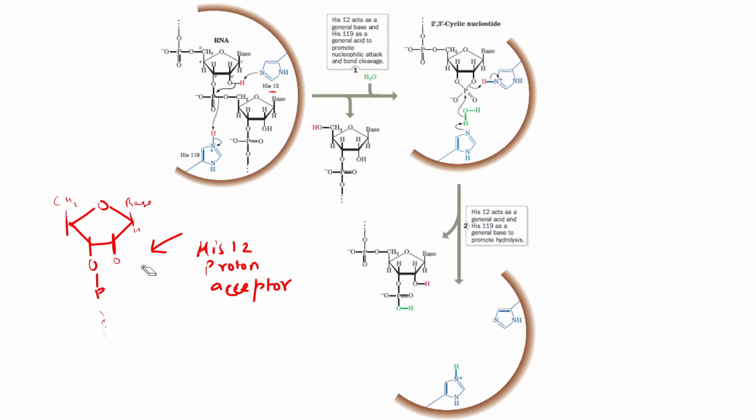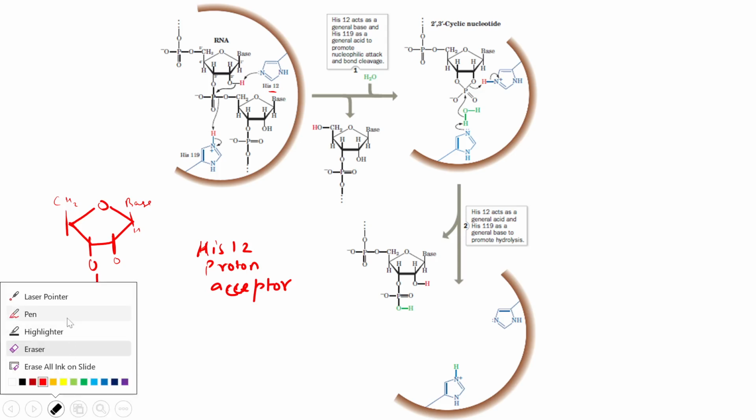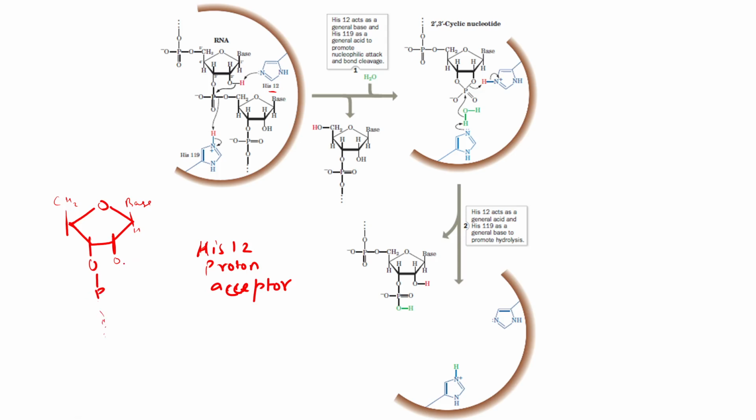So now if I remove this proton from here, what will happen? O minus will be there. This O minus can now attack this phosphate group, and we have another histidine residue, histidine 119, which is acting as an acid.